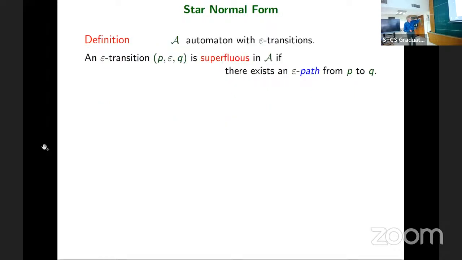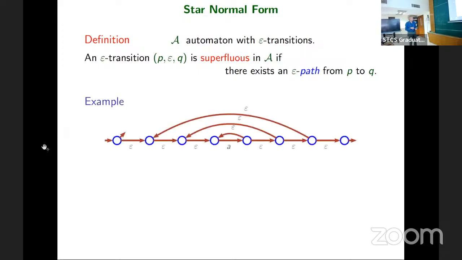Now, on an automaton with epsilon transitions, an epsilon transition is superfluous if you can somehow mimic this transition using other epsilon transitions.